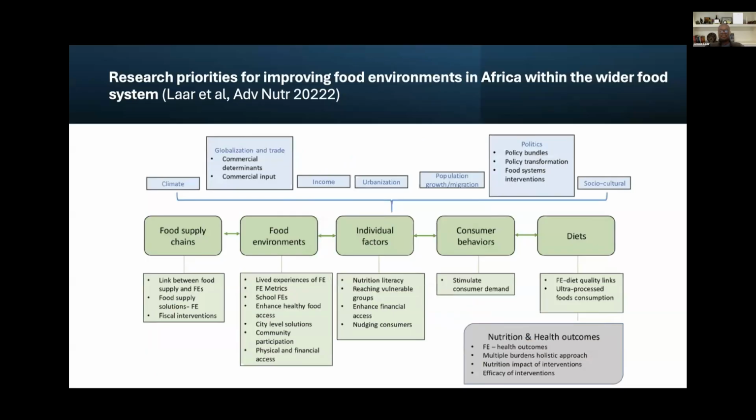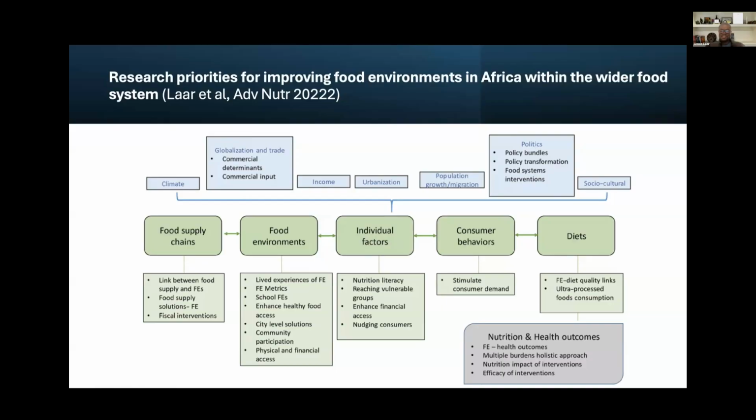So if you take the INFORMAS method, food epi, for example, or multi-criteria mapping, all these are approaches that can be used. We at the Africa Food Environment Research Network, following a deliberative engagement in 2022, came out with a set of research priorities that African countries should focus on if they are interested in researching, understanding, and improving their food environment. And that which I want to emphasize here are some of the approaches.